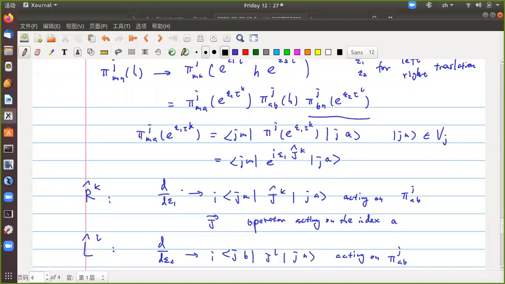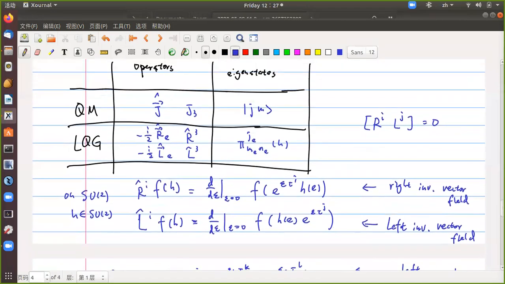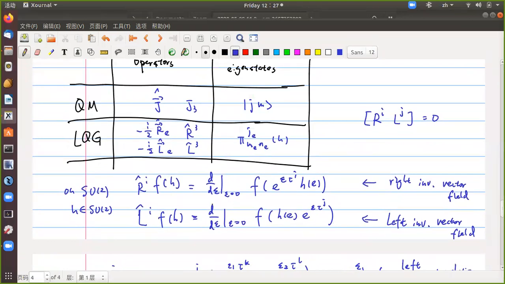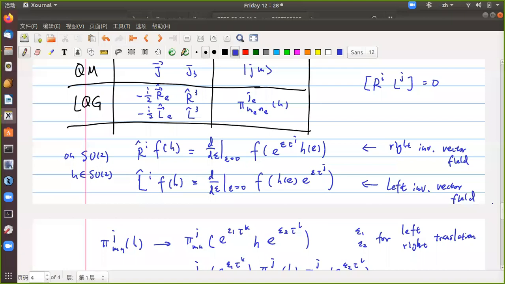If you look at the right invariant vector field definition, there's an epsilon, and it's equal to 0. So the right invariant vector field: you first make the translation and take the derivative, and then in the end you take epsilon equal to 0. Okay, thanks. So this is not just the derivative operator; it is a derivative operator at the point where you take this translation.